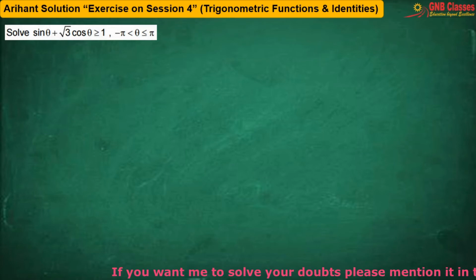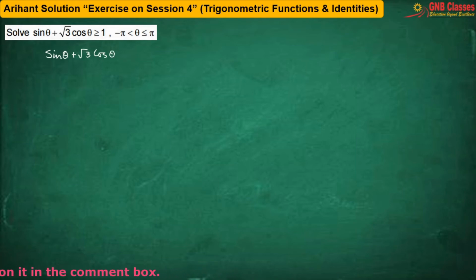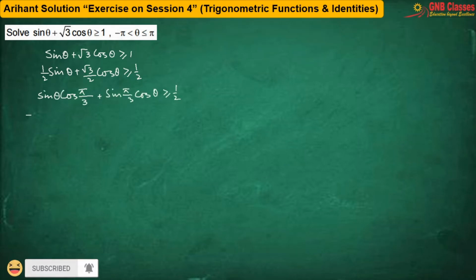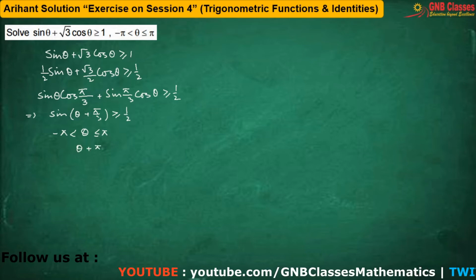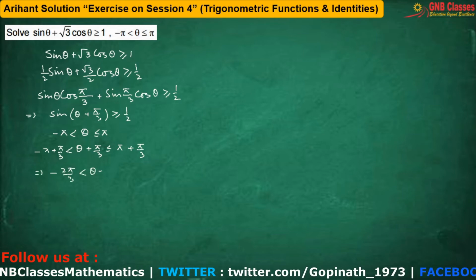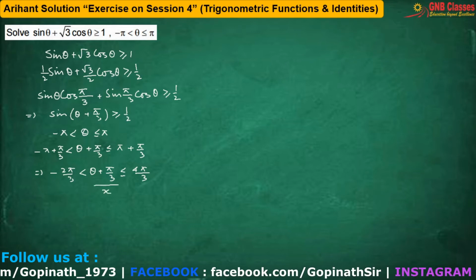In this problem, they have said that sin theta plus root 3 cos theta is greater than equals to 1. I'm dividing both sides by 2, we get... So it can be written as... Now as they have said that theta is lying between, so theta plus pi by 3 lies between... That implies, okay, now let me just treat theta plus pi by 3 as my x.